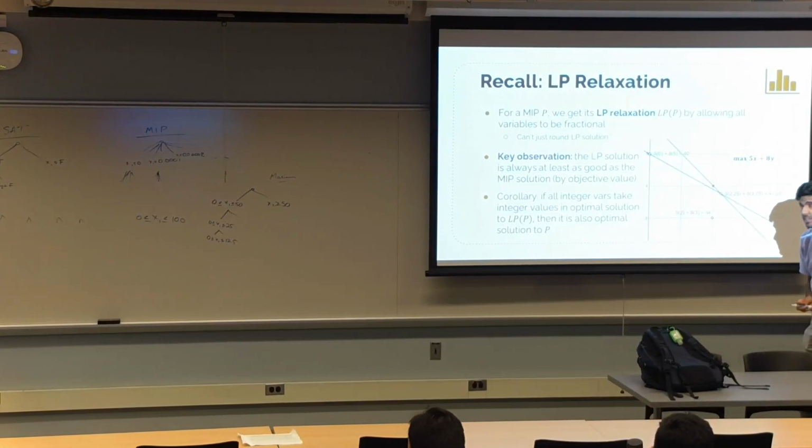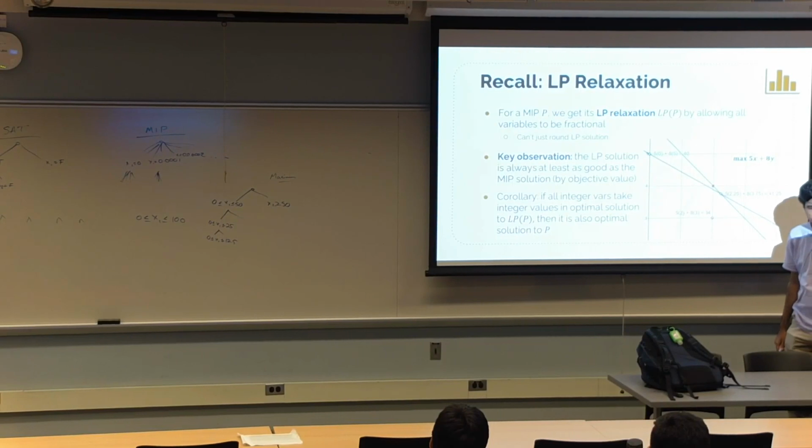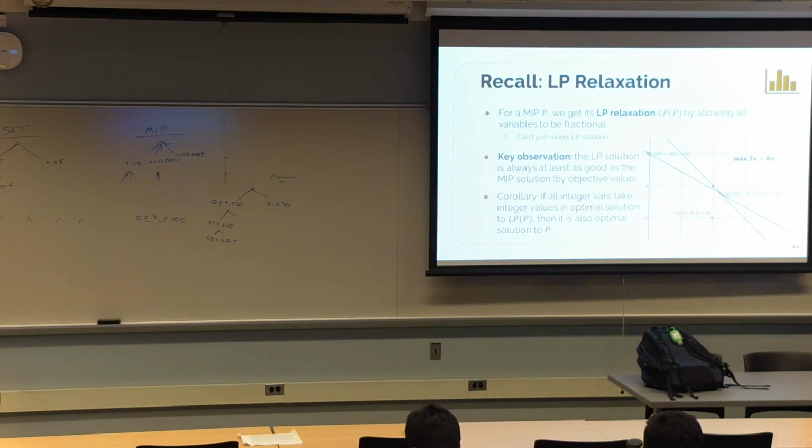Just as we did with SAT, when we said this brute force approach is kind of slow, we added speedups to it. We added inference. We did things like unit propagation. And that helped us make things a little bit faster. So we'll do a very similar thing here. The idea is that we're going to leverage linear programming.